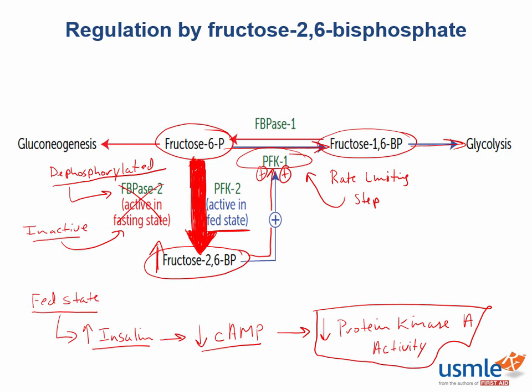So it's important to regulate this enzyme more than the other enzymes. And while we're on it, can you name a few other phosphofructokinase 1 regulators? Great, that'd be ATP and citrate, which inhibit phosphofructokinase 1, and AMP and fructose 2,6-bisphosphate, which stimulate phosphofructokinase 1.